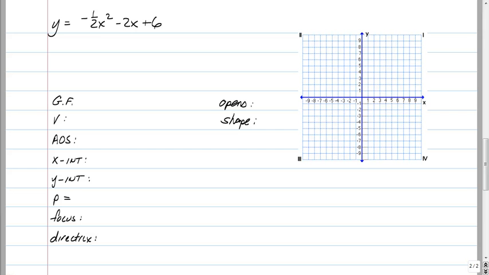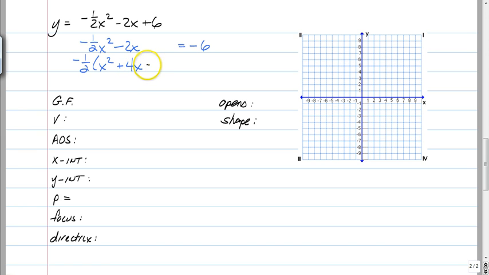So go do it. Remember, your first thing is you have to get the 6 to the right side. So we have negative 1/2 x squared minus 2x is equal to negative 6. You must always factor out your leading coefficient. In this case, it's negative 1/2. So we have x squared plus 4x. Remember, negative 2 divided by negative 1/2 is a positive 4.